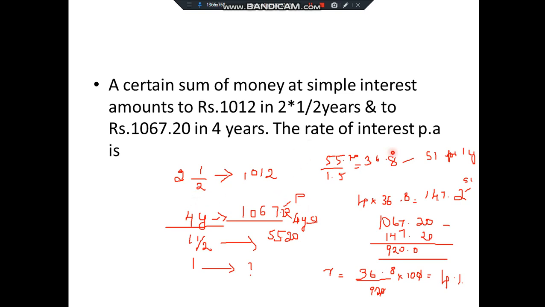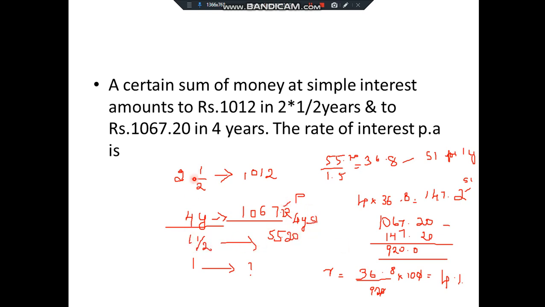So 2.5 years is equal to 1012, and 4 years it is 1067.20. When you find the difference, you get 55.20, which gives you the simple interest for 1.5 years. 4 minus 2.5 is 1.5 years.